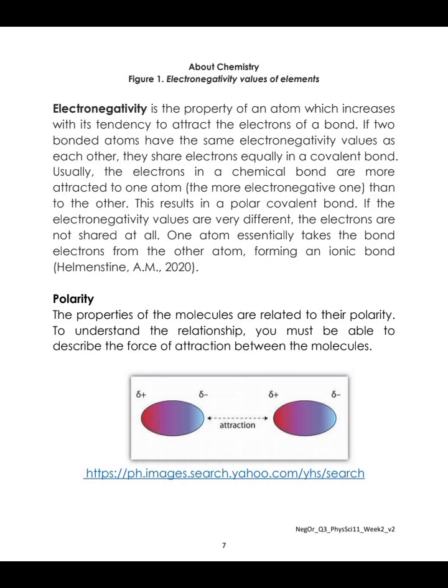So, if two bonded atoms have the same electronegativity values as each other, it is called a covalent bond. And if the electronegativity values are very different, the electrons are not shared at all. One atom essentially takes the bond electrons from the other atom, which may cause the forming of an ionic bond.